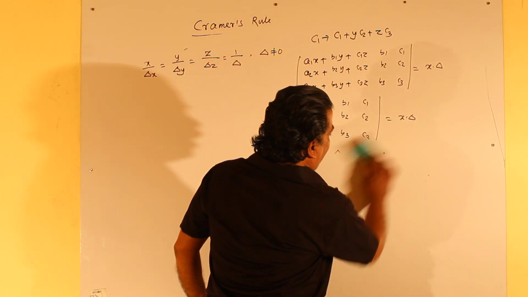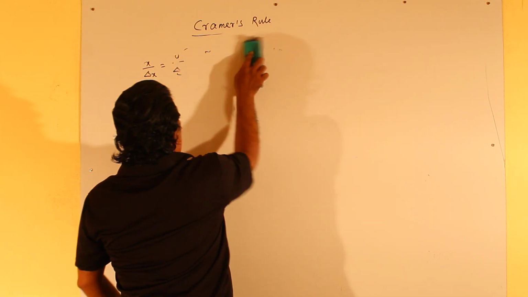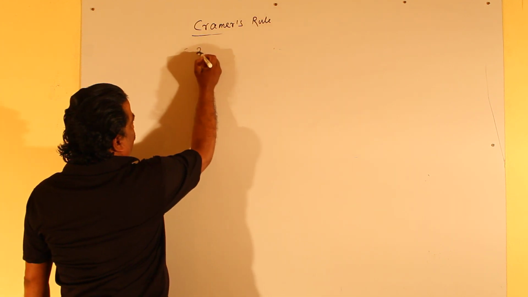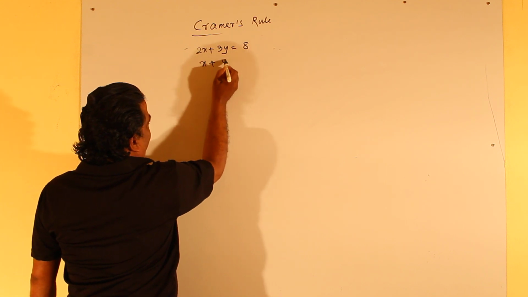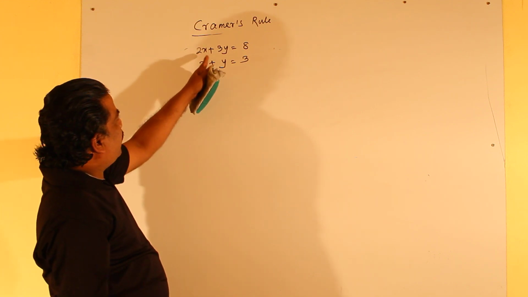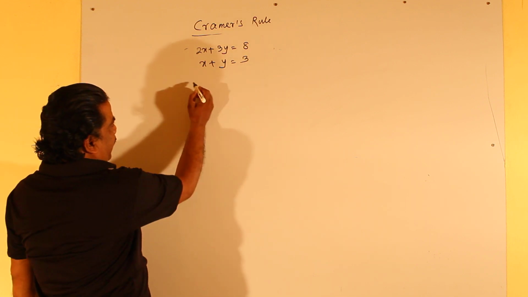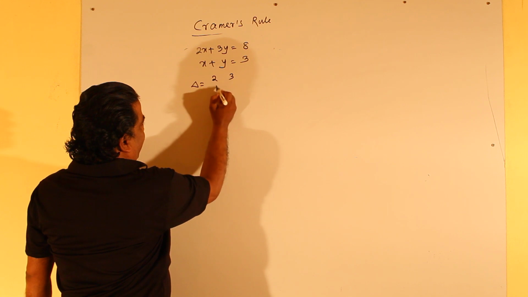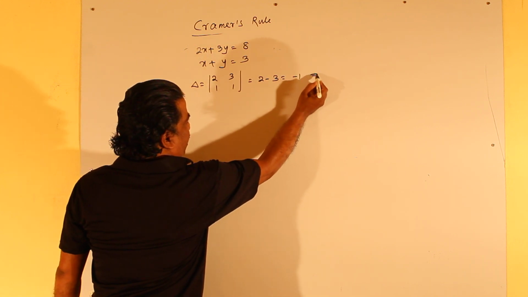Now let us take an example to solve equations by Cramer's rule. The example is 2x plus 3y is equal to 8, x plus y is equal to 3. Now find delta. Delta is the determinant of the coefficients of x and y: 2, 3, 1, 1, that is equal to 2 minus 3, minus 1, which is not equal to 0.